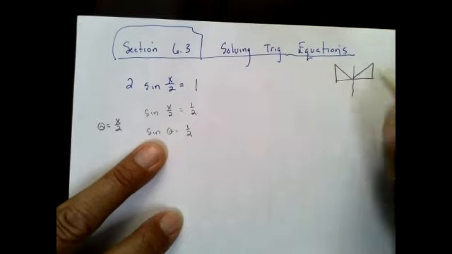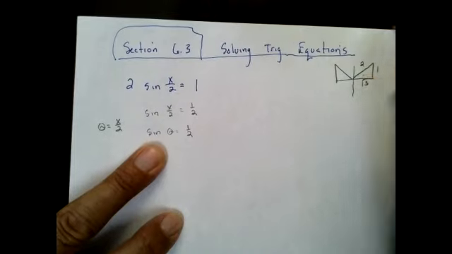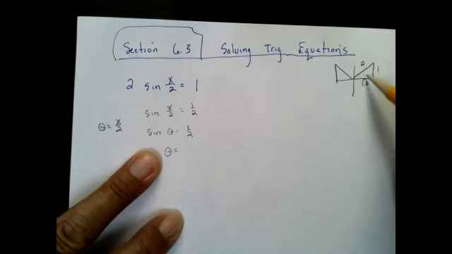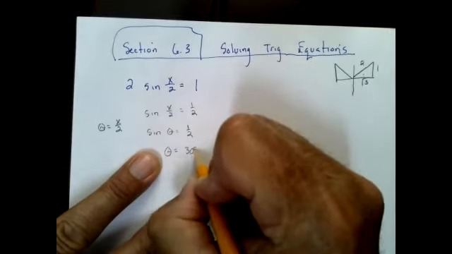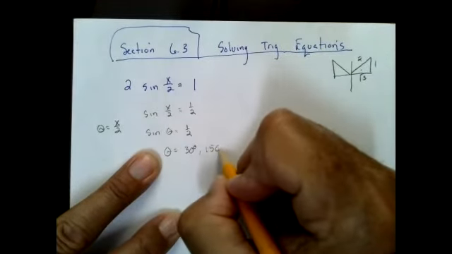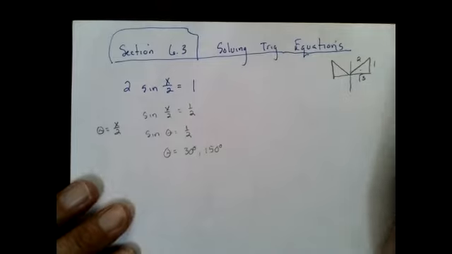Sine is opposite over hypotenuse. I know what that is, right? So right now I just solved this and found theta equals, this is my 30, 60, 90. So that's 30 degrees. When I put it over in the second quadrant, it's 150 degrees. Okay, cool.